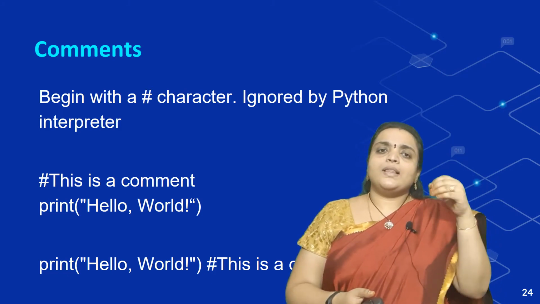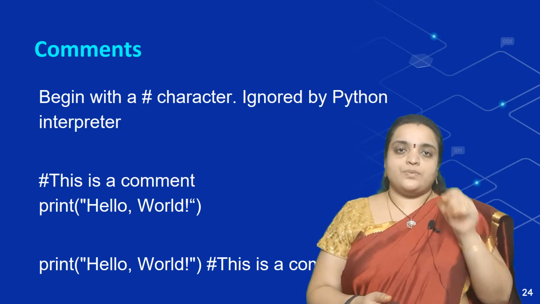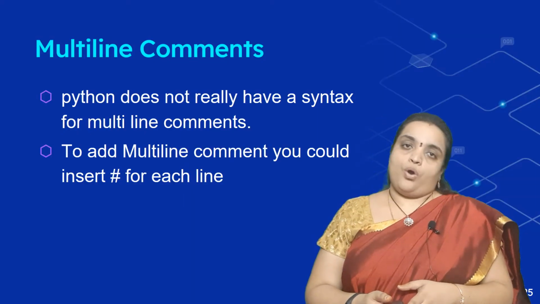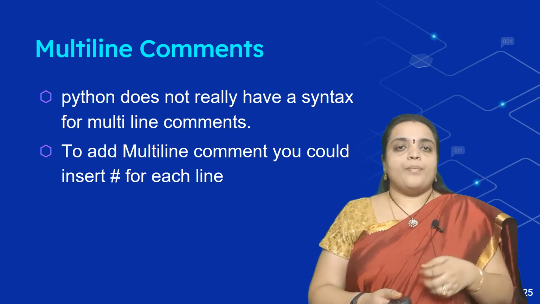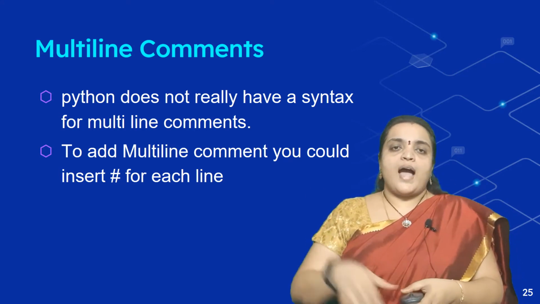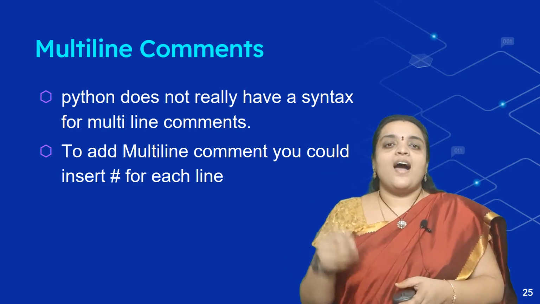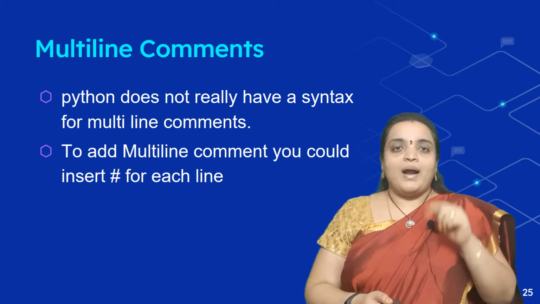Whatever we give after the hash character is a comment. So it is a single line comment. For multi-line comments, we can use the hash symbol multiple times, inserting a hash symbol in each line. That is one way of writing multi-line comments.